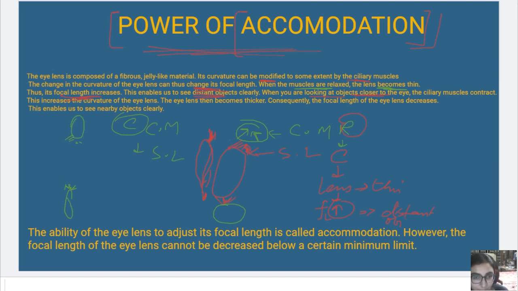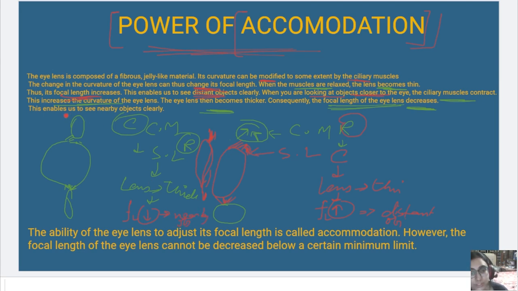As a result the lens will bulge out. The ciliary muscles contract, it increases the curvature of the lens, the lens becomes thicker, consequently the focal length of the eye lens decreases. So the lens becomes thick, focal length decreases, and we can view nearby objects.